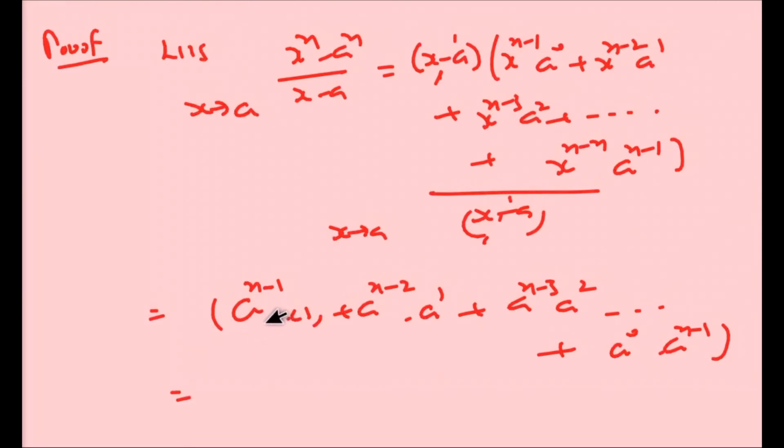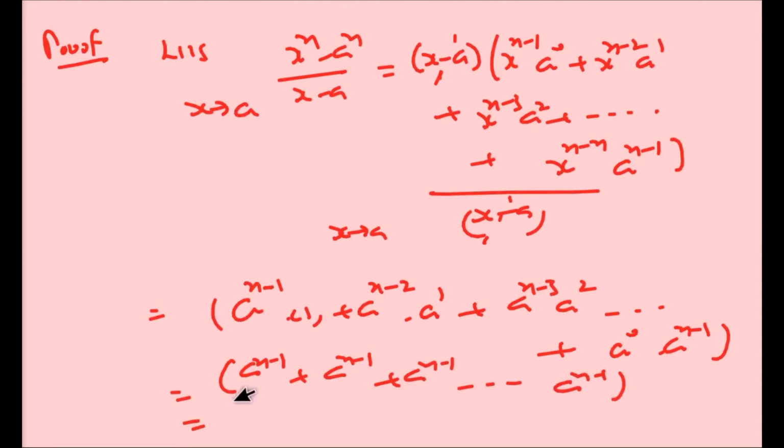Each of these terms is a to the power n minus 1. These are n terms, since the powers run from 0 to n minus 1. So adding n times a to the power n minus 1 equals RHS.